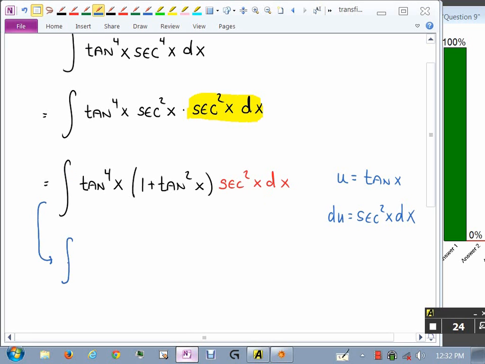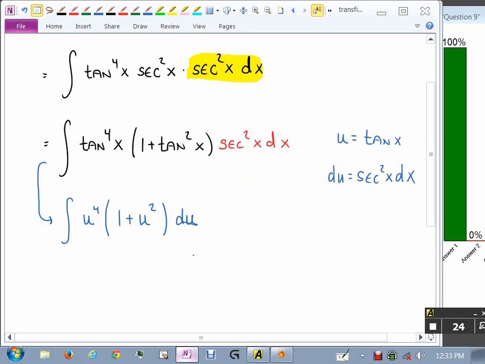Integral u to the fourth, that's 1 plus u squared du, dot, dot, dot. So at this point, you take that the rest of the way.